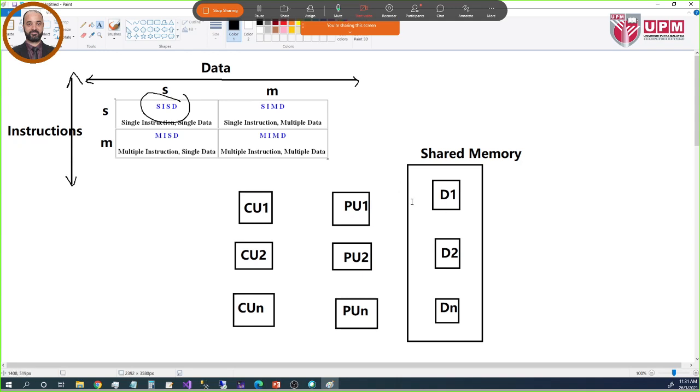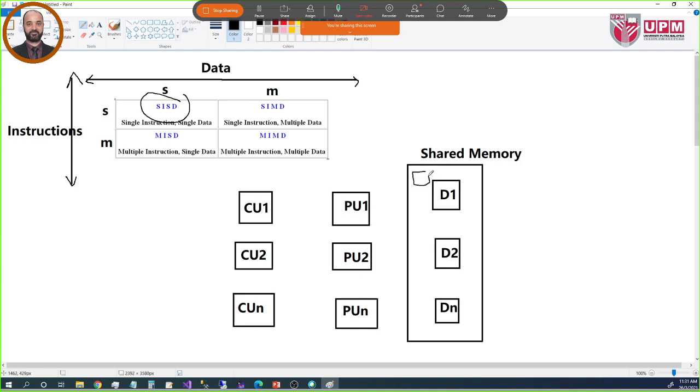So here in the memory, each control unit needs to upload its own program, because as we said, in this architecture the program is here and the data is here. So we may also have a program here, maybe another program, and sorry, the program is supposed to be shared.